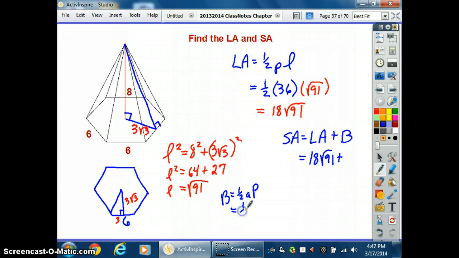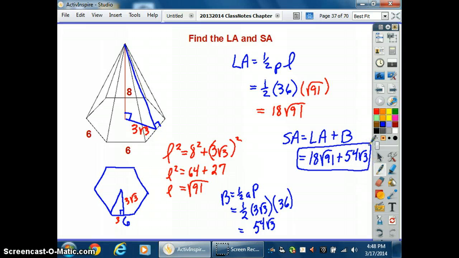Let's see, we've already found the apothem, which is 3 radical 3, and the perimeter is 36. Okay, 3 times 36, and then take half of it, 108, I think it's 54 radical 3. So 54 radical 3. And that's our surface area. Next one.